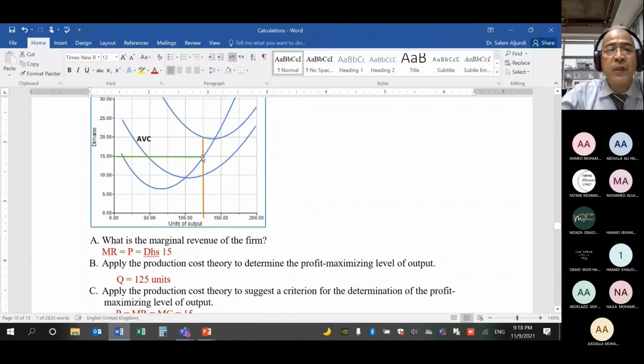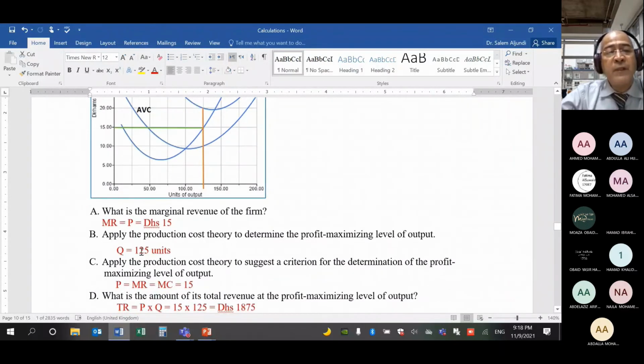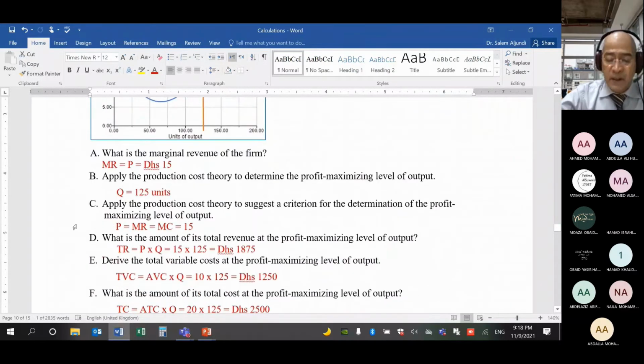At this dot, draw a vertical distance and read the quantity. The quantity here, I think it's clear, 125, right? Yes, because here we have 100, here 150, so in the middle 125, so the quantity is 125.